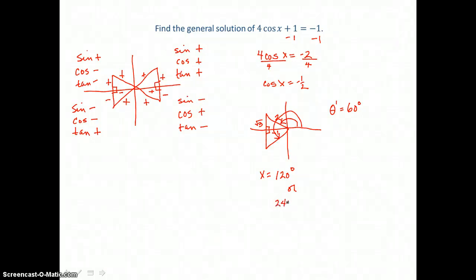Now we want to leave our solutions in radians, so I'm going to change 120 degrees to radians, and that's going to be equal to, since pi over 3 is equal to 60 degrees, we're talking about 2/3 pi radians in the second quadrant. And in the third quadrant, we're talking about 3/3 and 1/3 more, so 4/3 pi to name that terminal side in the third quadrant.